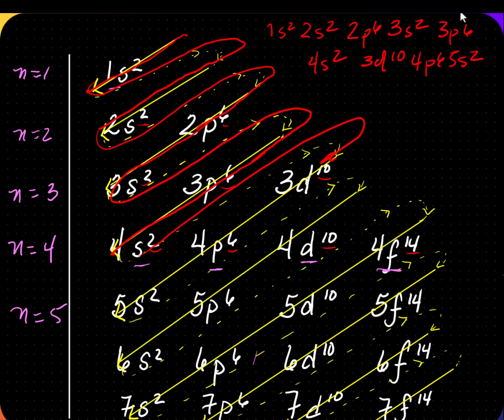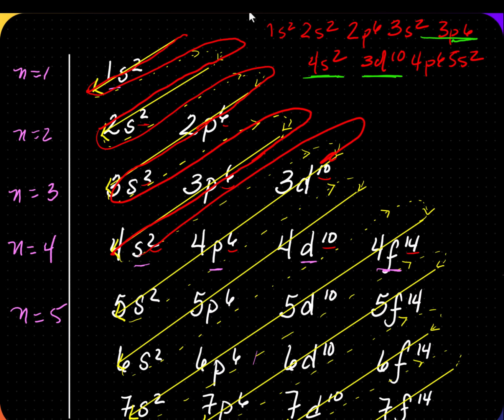If you notice, we stated that energy level 3 is lower than energy level 4. But if we look right here, we have 3p6, and then we go and fill 4s2 before we fill up 3d10. The reason we fill up 4s2 before 3d10 is that 4s2 has a slightly lower energy than 3d10.